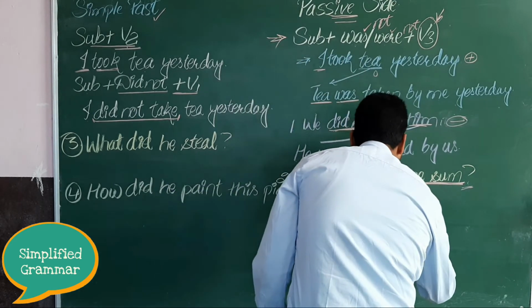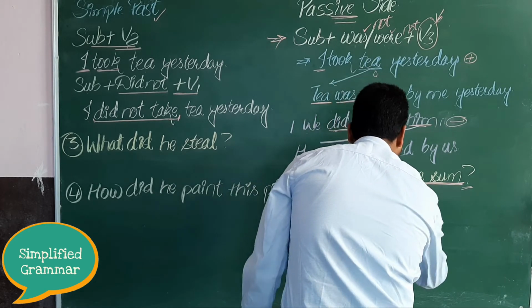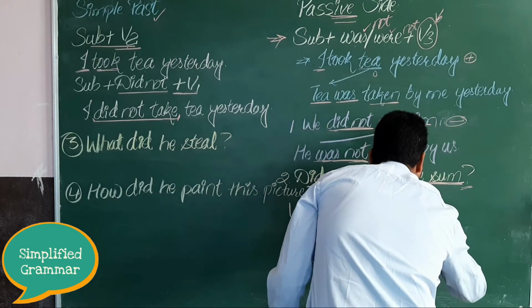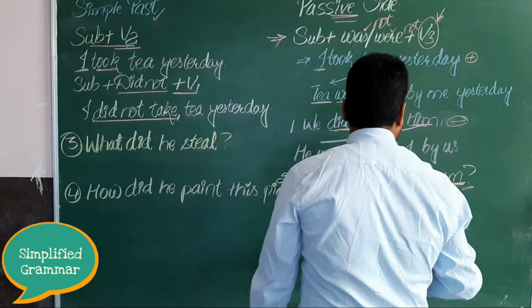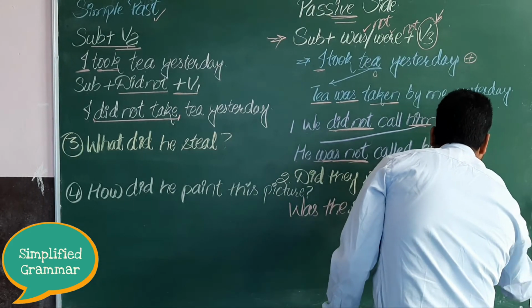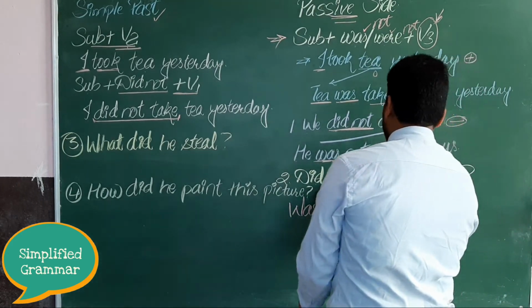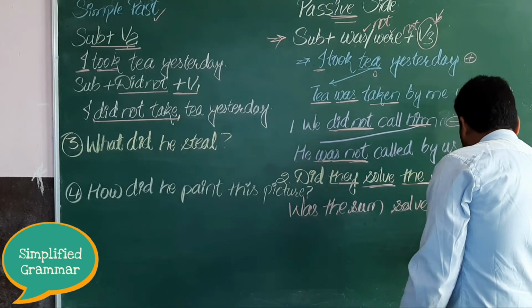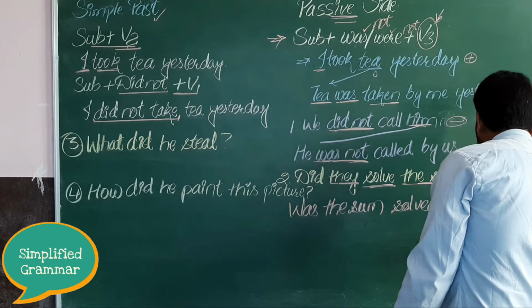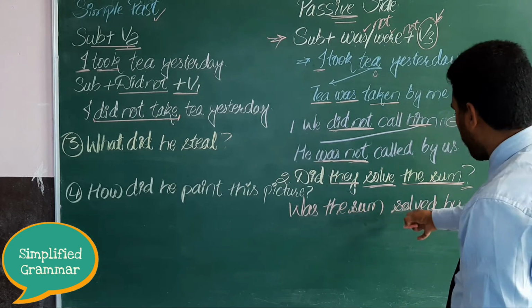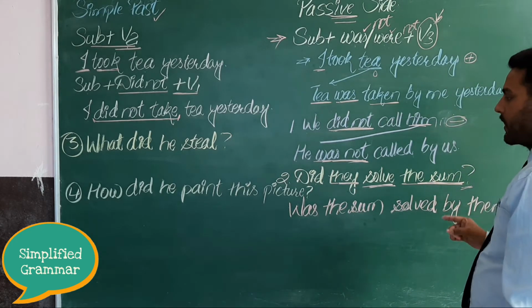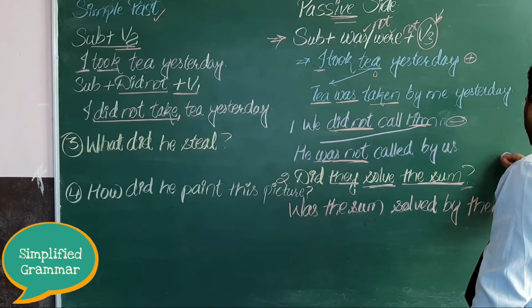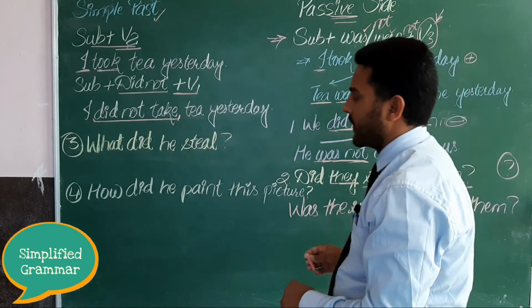Was the sum. The third form of solve is solved. Then use the by preposition. By, then this they will come as a them. Was the sum solved by them? This is the interrogative form of simple past tense.